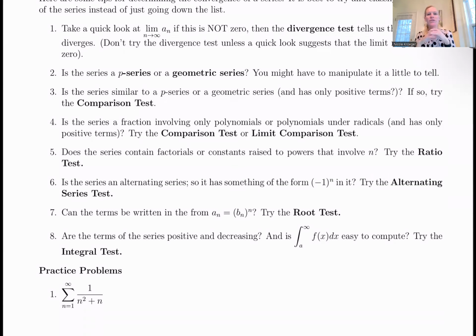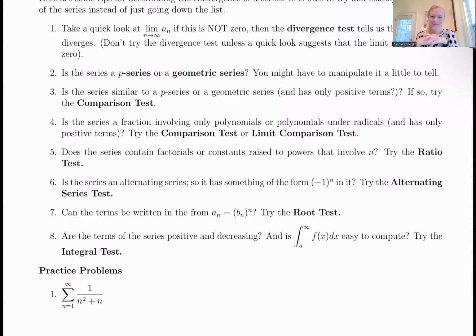Okay, so only do the test for divergence usually if it's kind of obvious that that's what it's going to be, or in those cases where we start out thinking it's an alternating series and then it turns out to be a test for divergence. Okay. If you can tell that the series is obviously a p series or obviously a geometric series, well, then use that.